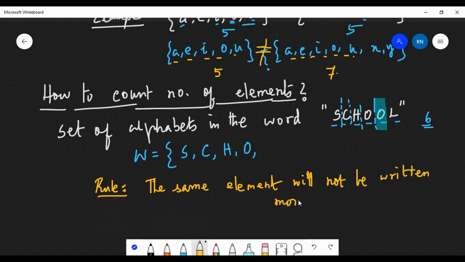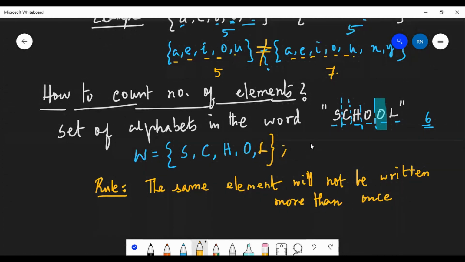You are permitted to write it once only. So an element should appear once only. The same element will not be written twice, or thrice, etc. So S, C, H, O followed by L only.